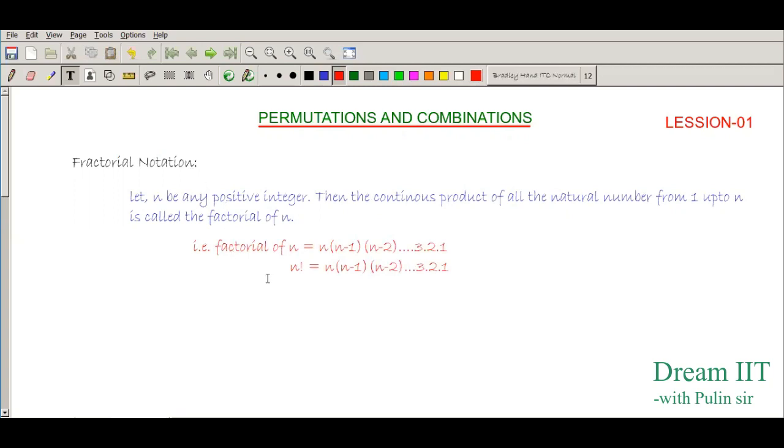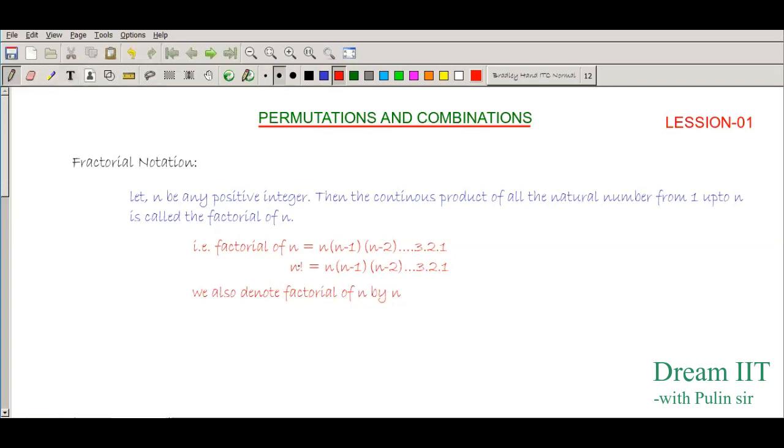Do not think only this is the notation. We have an alternate notation also. We also denote the factorial of n by this. This is another notation, though of course we do not use it very frequently.